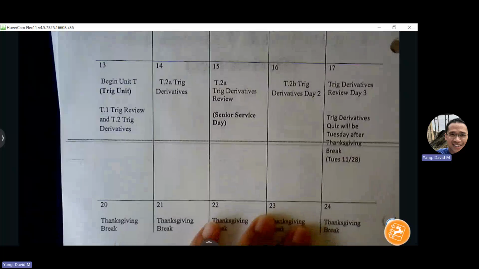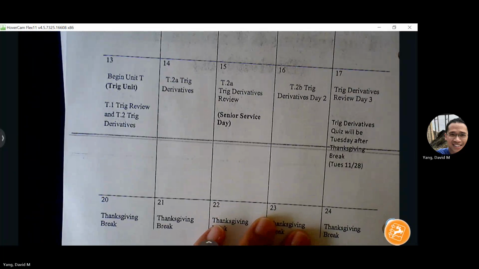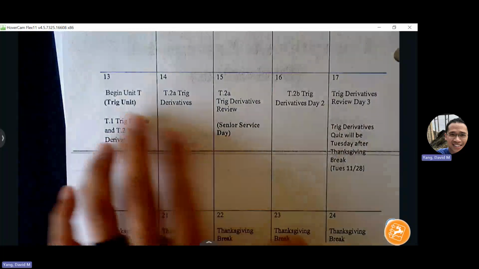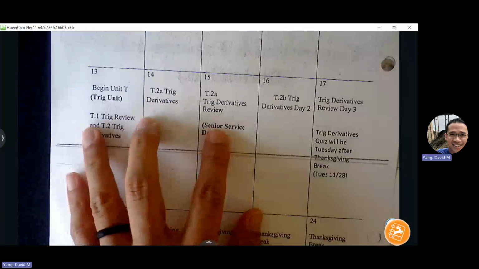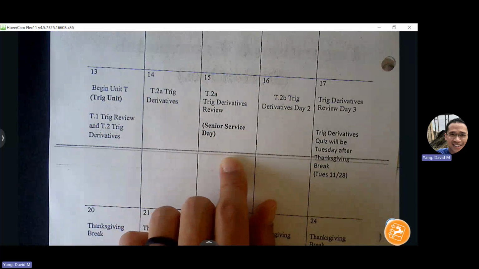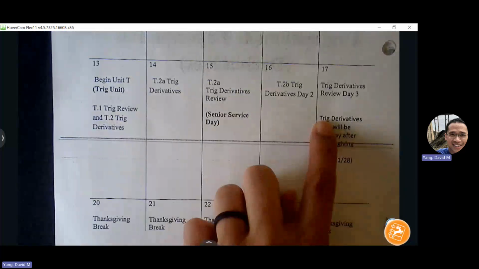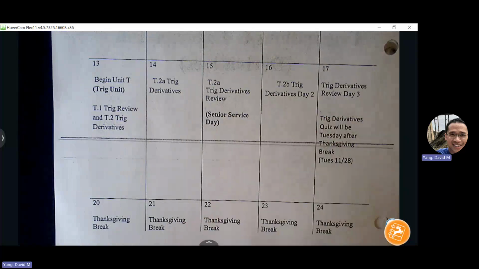And then we're going to start our trig unit. And there's only 3 weeks in November, so we're going to start that trig unit. But no test on the trig unit until after Thanksgiving break.